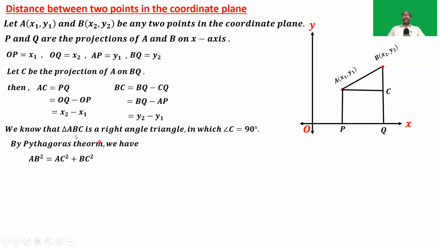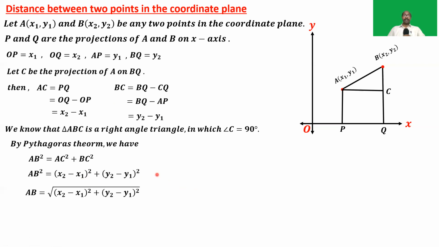And we have AC is equal to x2 minus x1 and BC is equal to y2 minus y1. So we can write AB square is equal to (x2 minus x1) whole square plus (y2 minus y1) whole square. From this we can write AB is equal to under root (x2 minus x1) whole square plus (y2 minus y1) whole square.